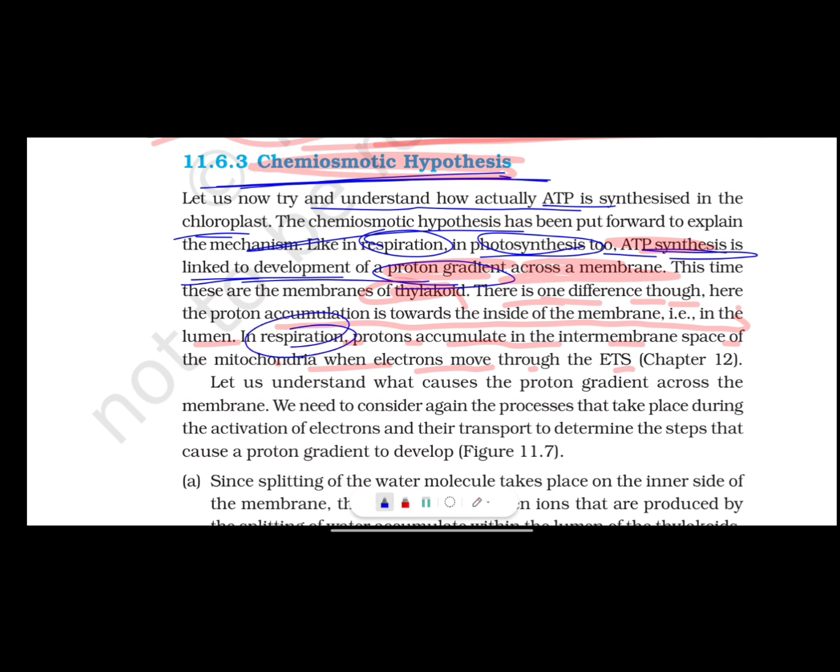In respiration in mitochondria, the proton accumulation takes place in the intermembrane space, whereas here in the chloroplast, it takes place on the inside of the membrane, that is, in the lumen. Here intermembrane, here inside of the membrane. This happens in the lumen, but in mitochondria it takes place in the intermembrane space.